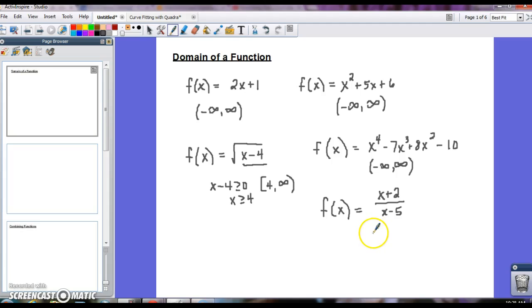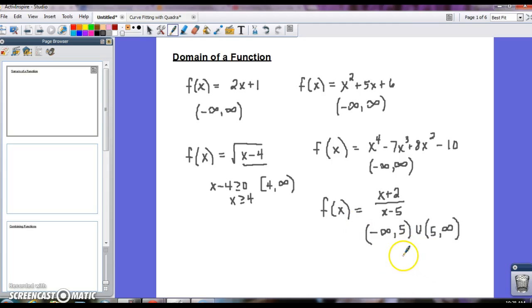And so if I was going to write that, I would say I can go from negative infinity to 5, and I can take the union of that with 5 and positive infinity. So this is including all numbers except 5.